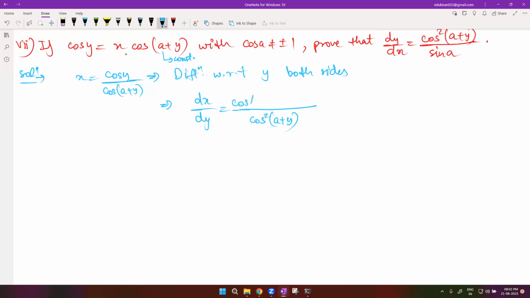Then cos of a plus y as it is, denominator as it is, differentiation of numerator, which should be minus sine y. We don't need to go for y because differentiation of y with respect to y is 1, right? Minus, then cos y as it is, differentiation of cos of a plus y. Cos of a plus y would be minus times sine of a plus y.